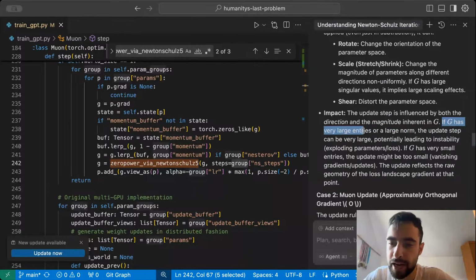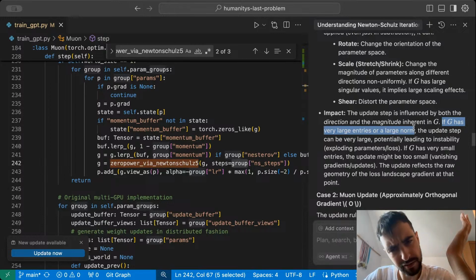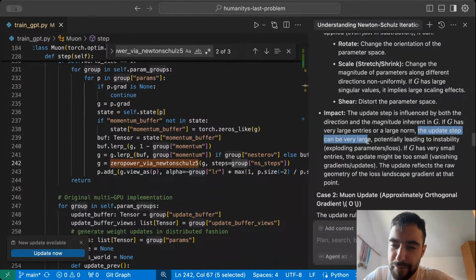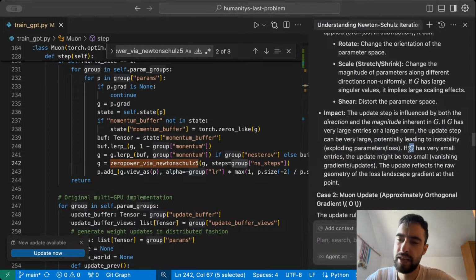If G has very large entries or a large normalization, how it does this influence, I have no idea. The update step can be very large, potentially leading to instability, exploding parameters, loss.